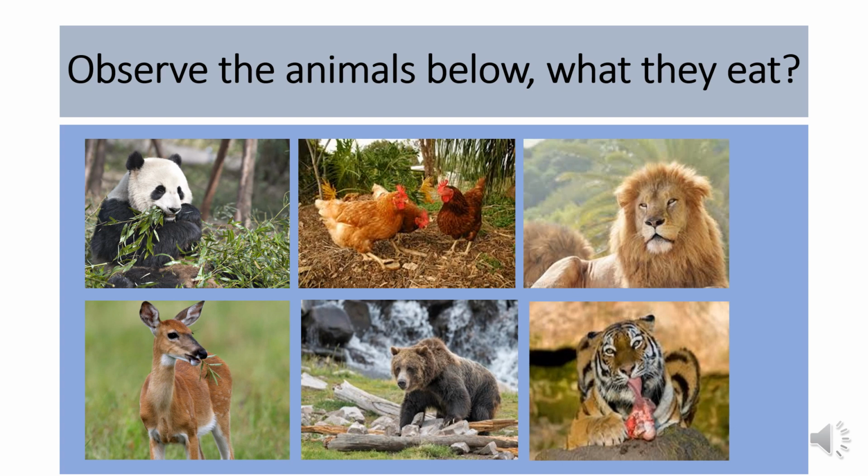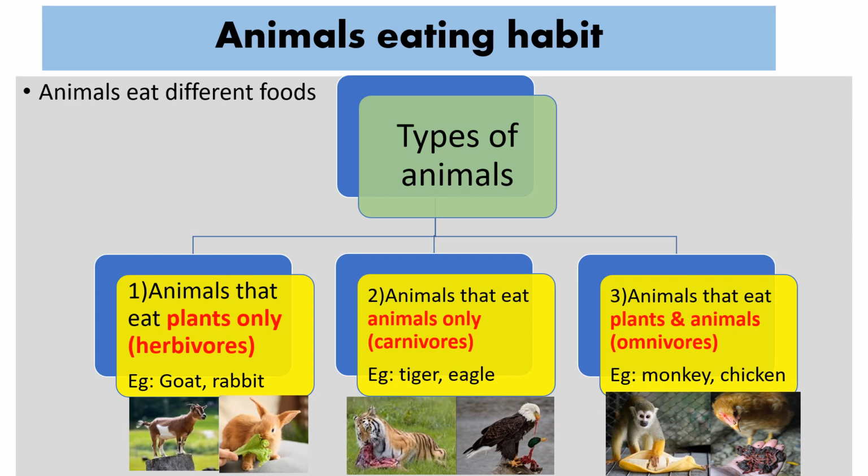Similar to us, animals also need to eat to remain healthy and have energy. Animals can obtain their food from their surroundings. So remember that different animals eat different kinds of food.